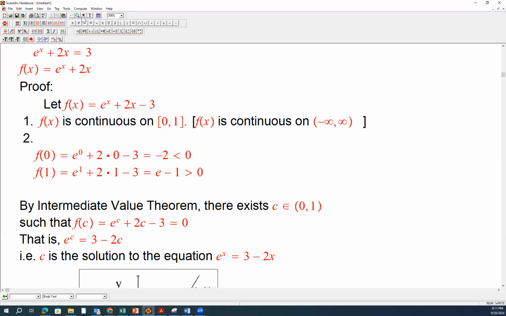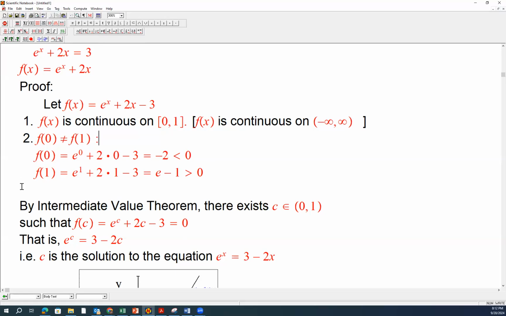So you can mention f of 0 and f of 1 are different, not equal. I'm using the intermediate value theorem, and one is negative, the other is positive. Of course, they're different.